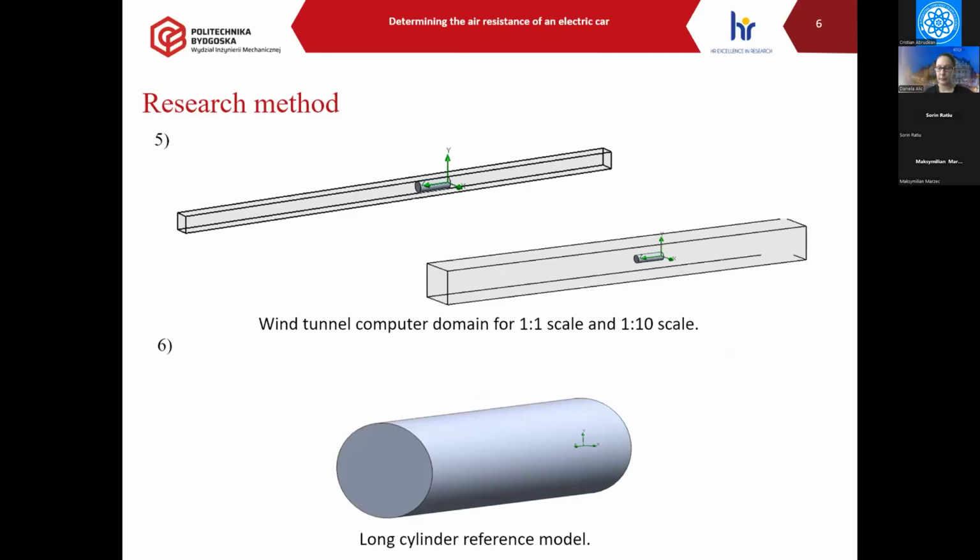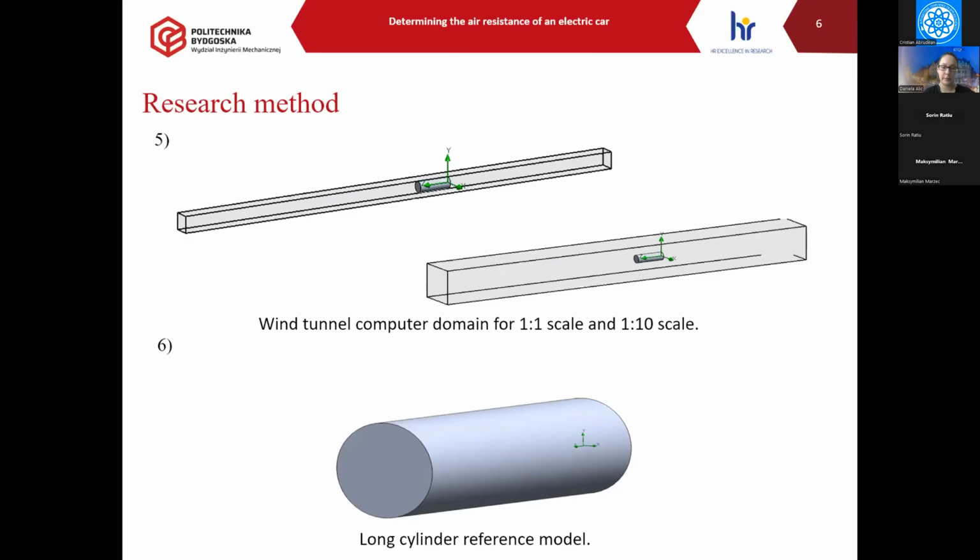An important part of the analysis performed was to verify the correctness of the assumed research method. For this purpose, a solid model of a long cylinder was designed whose aerodynamic drag coefficient is known and included in the literature.